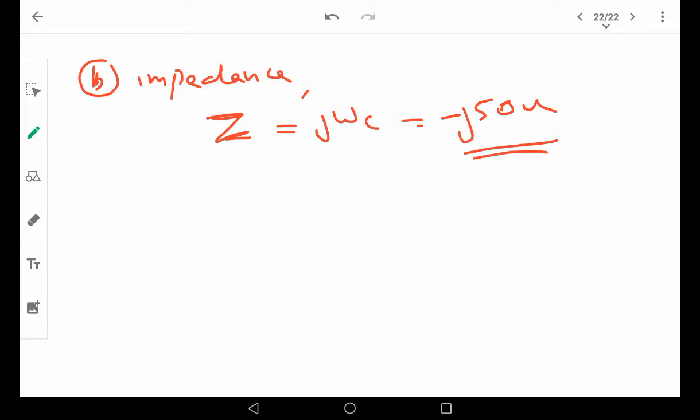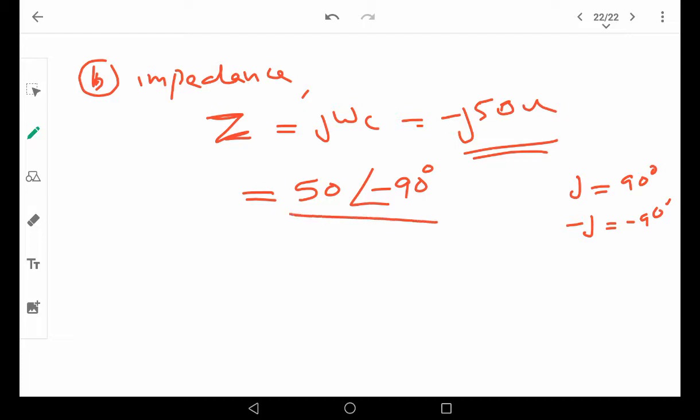Minus j is an angle of minus 90 degrees. j is 90 degrees, minus j is minus 90 degrees. So you can write it as 50 angle minus 90 degrees.